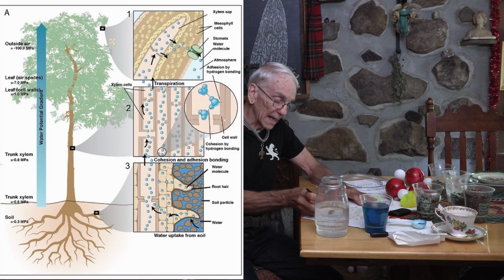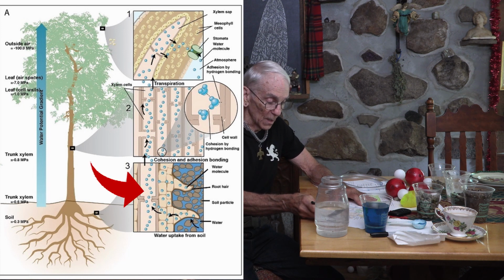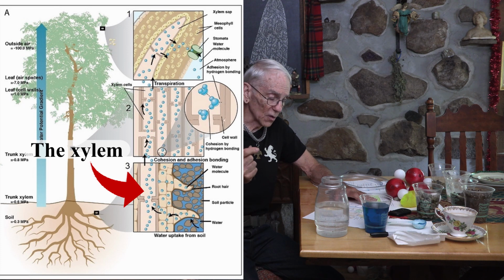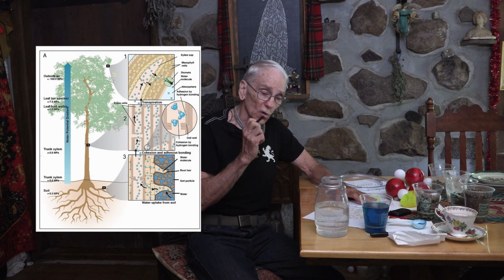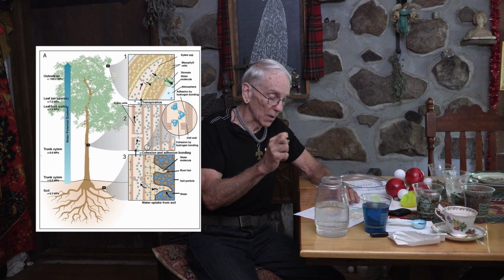If you look again at that number 3 box on the right, we see the water coming into the root here, and then it travels into the tubing, the vascular system of the plant. In this instance, the xylem, which is those tubes that carry it upwards into the plant.